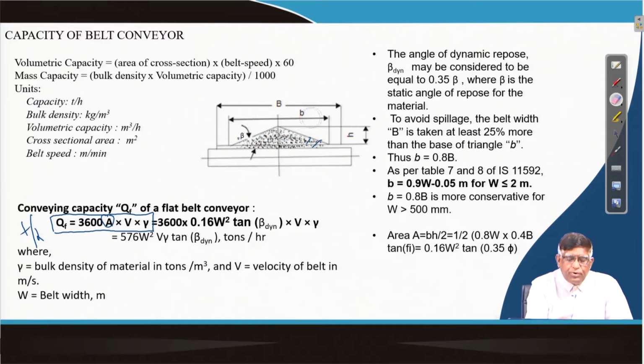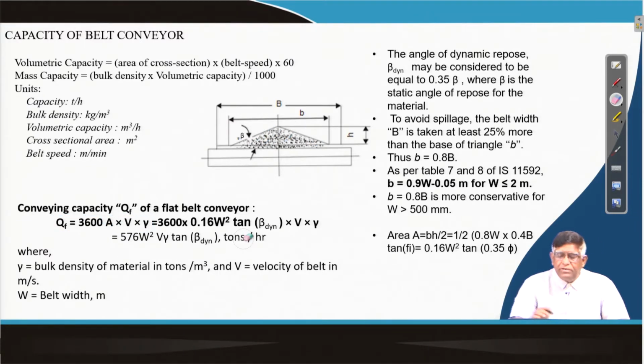What is more important to know here is that if the conveyor belt load is just a triangular shape, considering that during travel it takes a dynamic repose angle or surcharge angle, this can be taken as 0.35 of the angle of repose.